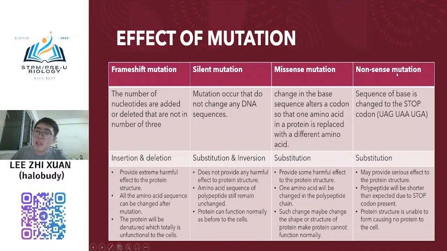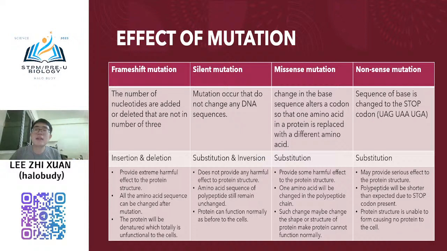But because of the nonsense mutation, the effect is that there is a stop codon. The mutation may occur suddenly in the middle part, and it changes to a stop codon. Maybe in one mRNA, they have 10,000 bases and can produce 1,000 amino acids.